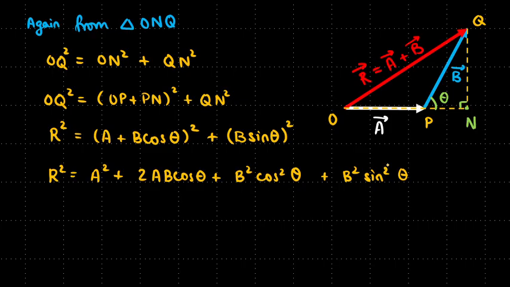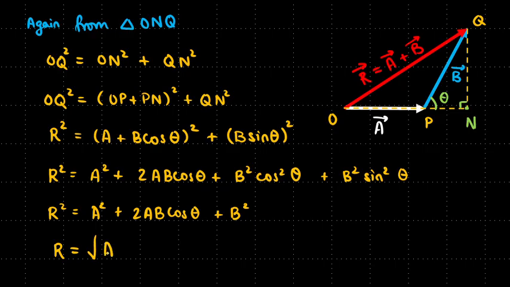So actually sine squared theta plus cos squared theta is 1, which means if I took B squared common, so let's say R squared equals A squared plus 2AB cos theta plus B squared, and the part that I take common will just be 1, so no need to write that, right? So we got the result of the magnitude of the resultant.